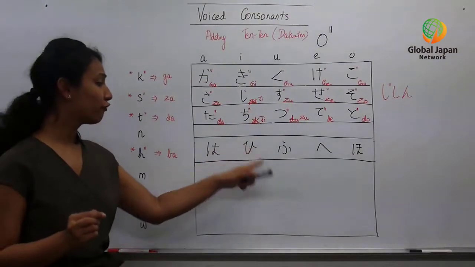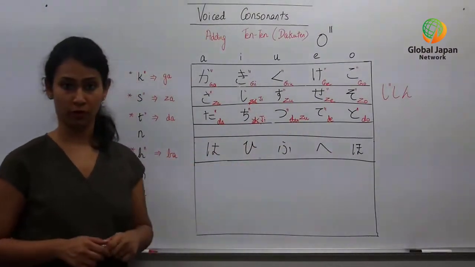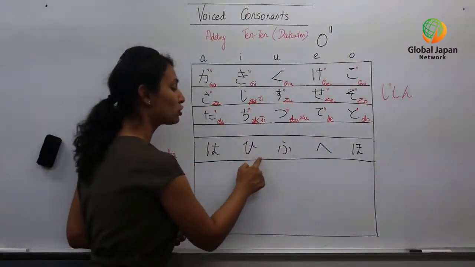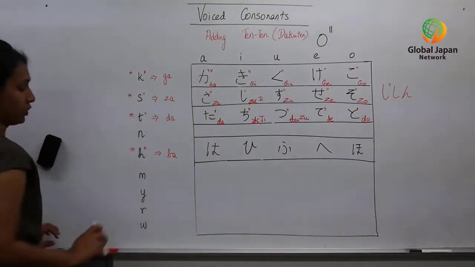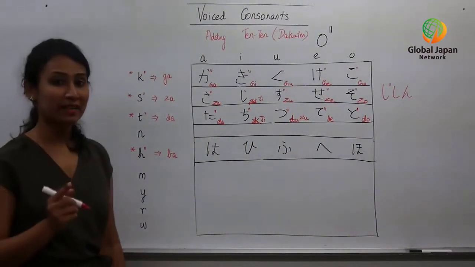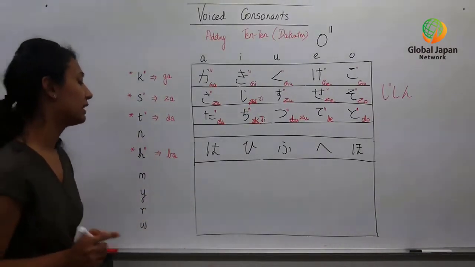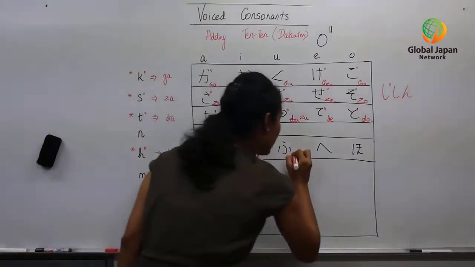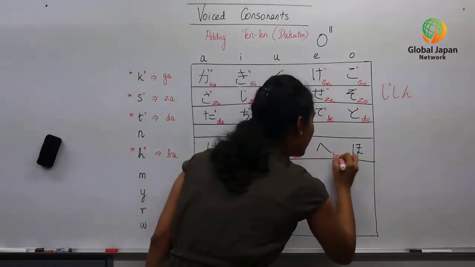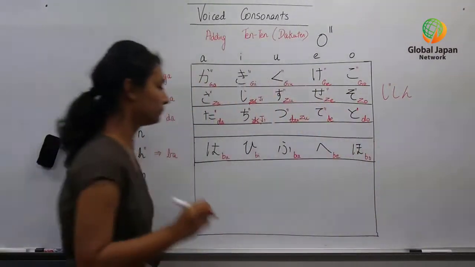Ha, hi, fu, he, ho. It was not hu, but fu, if you remember the exceptions. So, writing the ba sounds in English first. This is ba, bi, bu, be, bo.